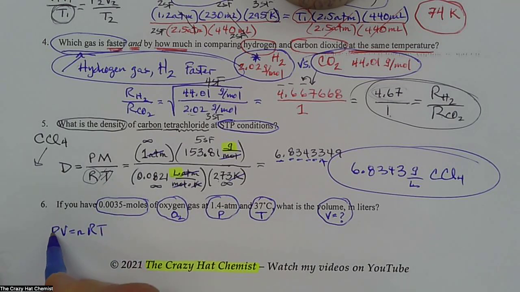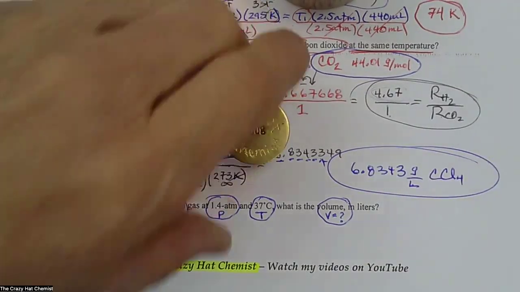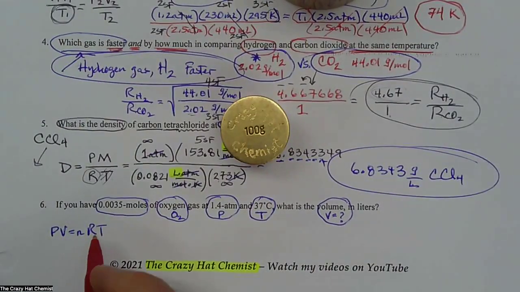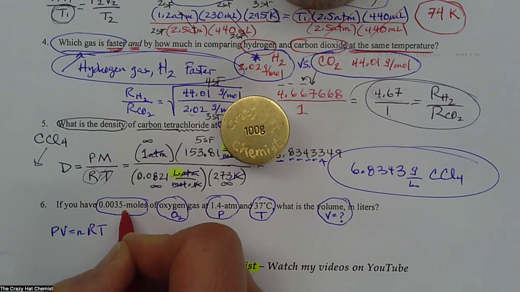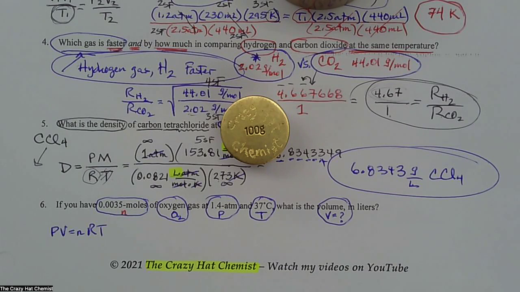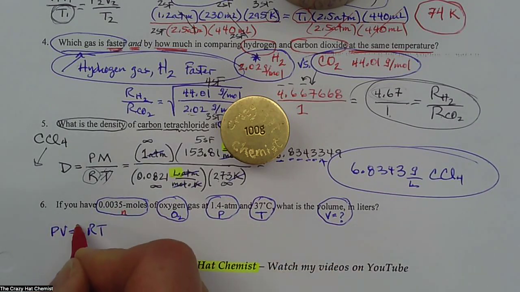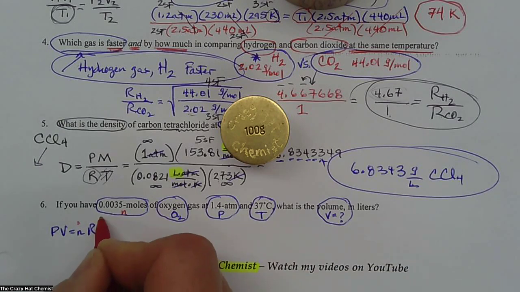Okay, so this is the ideal gas law, and I am your ideal chemistry teacher. I don't really know if that's true, but I'm going to go with it for right now. All right, so here we go. Ideal gas law. And so what do we have? N is for moles. And so we do have that. We have the pressure. We have the temperature.